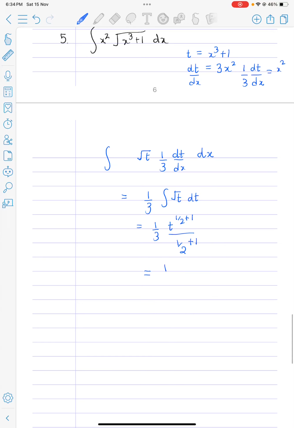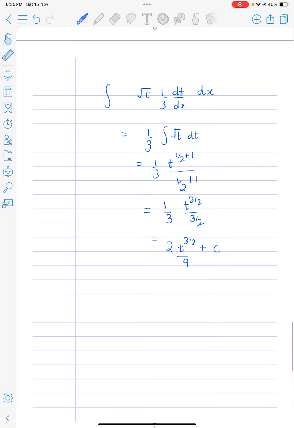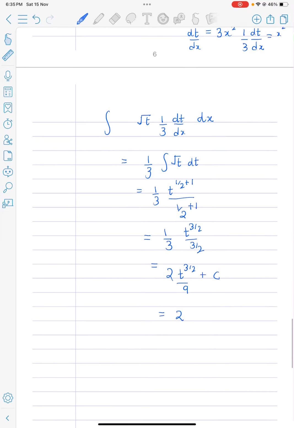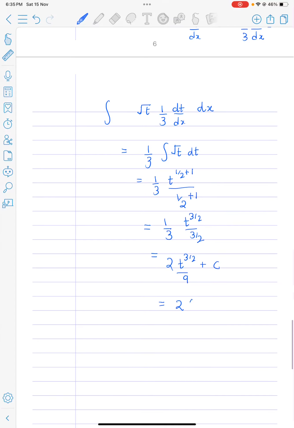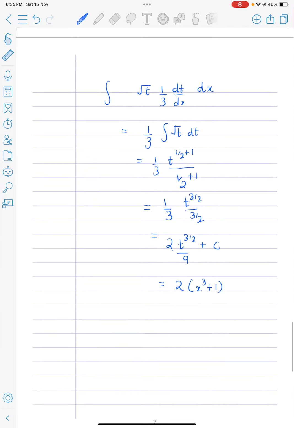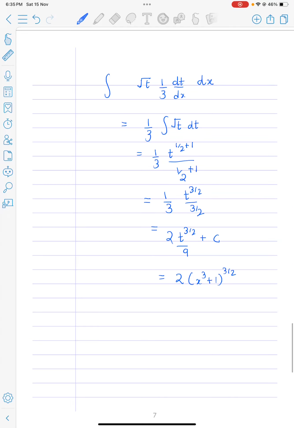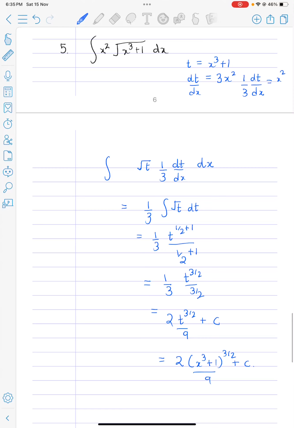So you will get 1 by 3 times t to the 3 by 2 divided by 3 by 2, plus c. Now you can replace t by x cube plus 1, giving 2 by 9 times x cube plus 1 to the 3 by 2, plus c. Okay, so this finishes question number 5.